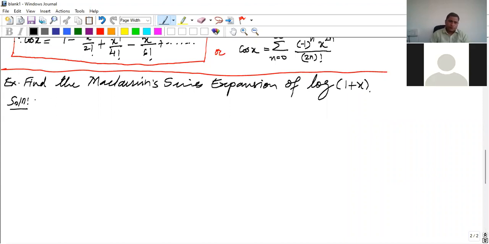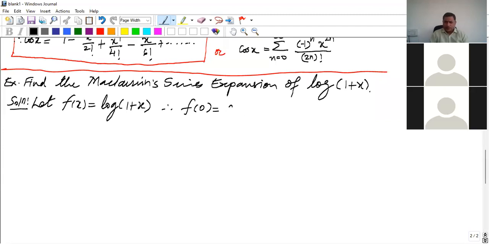So let f of x is equal to log of 1 plus x. So what will we get for f at 0? Yes, it is going to be 0. Now find the first order derivative. So it is 1 upon 1 plus x. What will be the value of this function at 0? It is going to be 1.